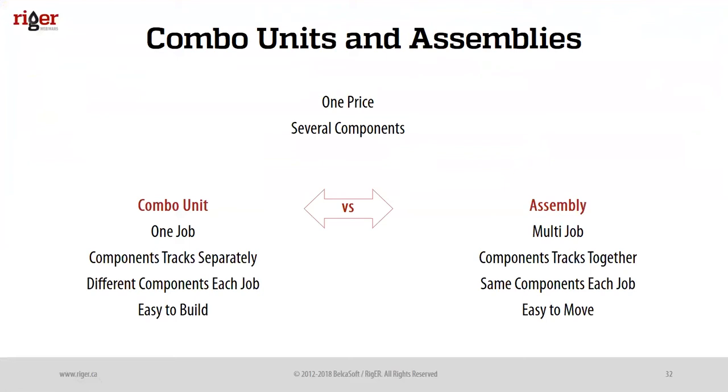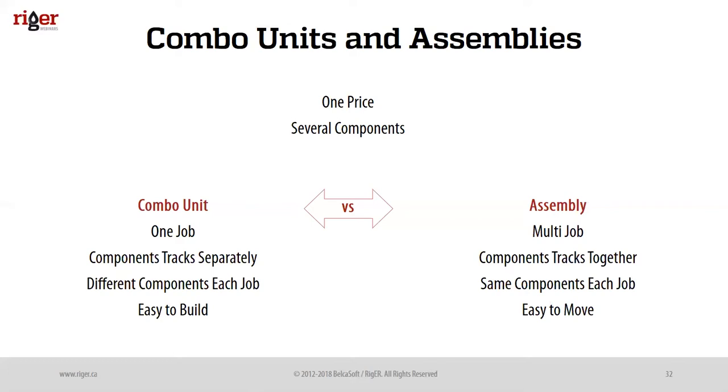So the combo units and assemblies is one price, one piece of equipment with several components. However, combo units are usually designed for one job, assembly for multiple jobs. So the components track separately in combo units and track together in case of assembly.